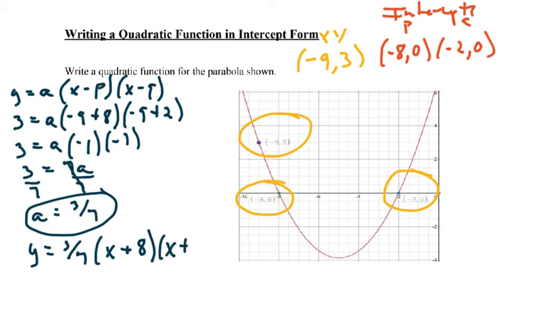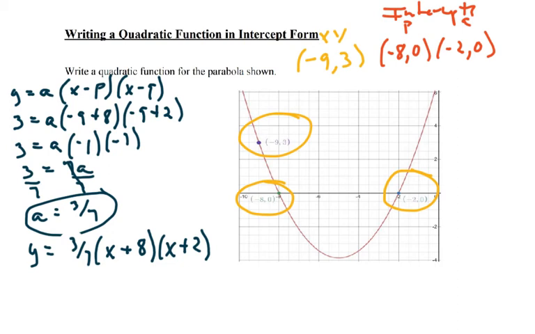Again, this wouldn't have mattered if we put x plus 2 first, because multiplication does not matter what order we do it in. So there we go. We got our 3/7 times the quantity x plus 8, times the quantity x plus 2. And that is our equation in intercept form given that information.